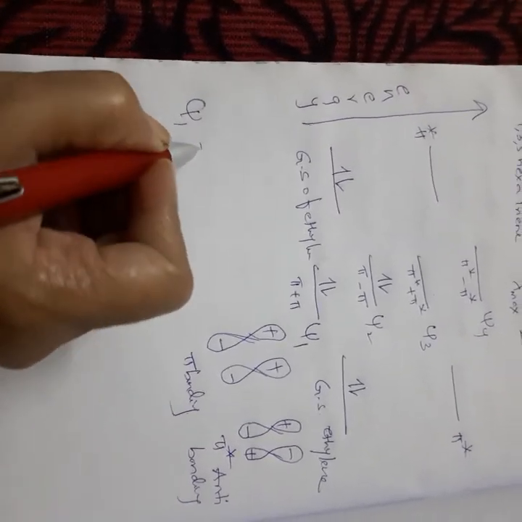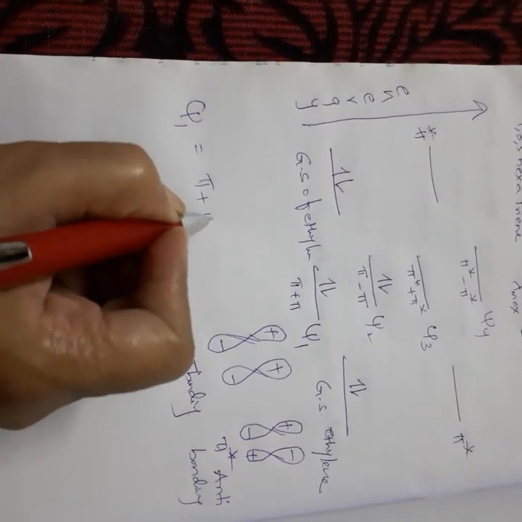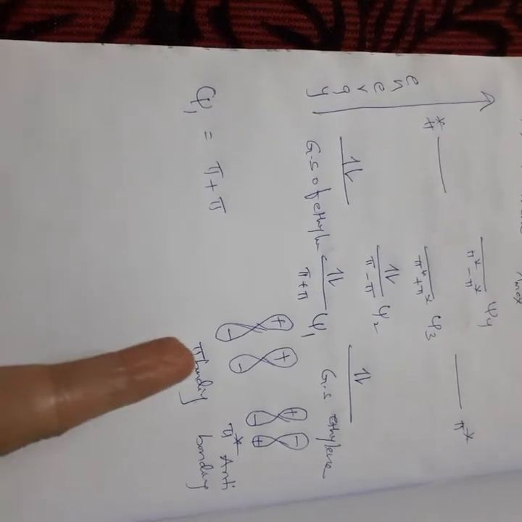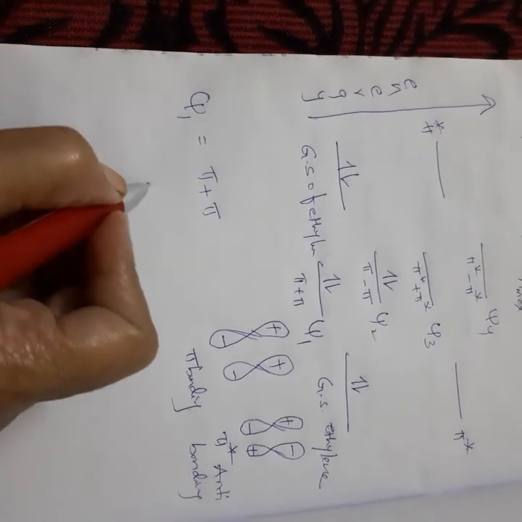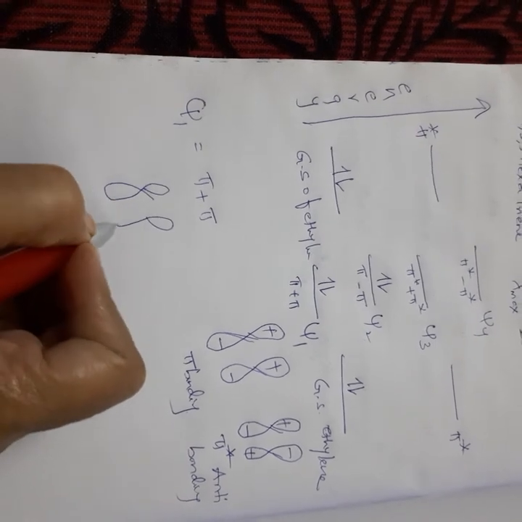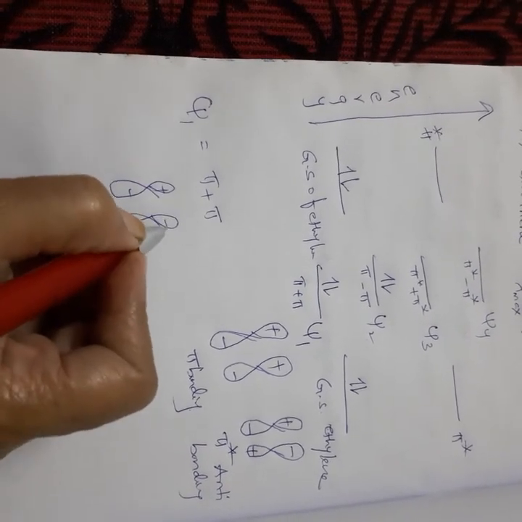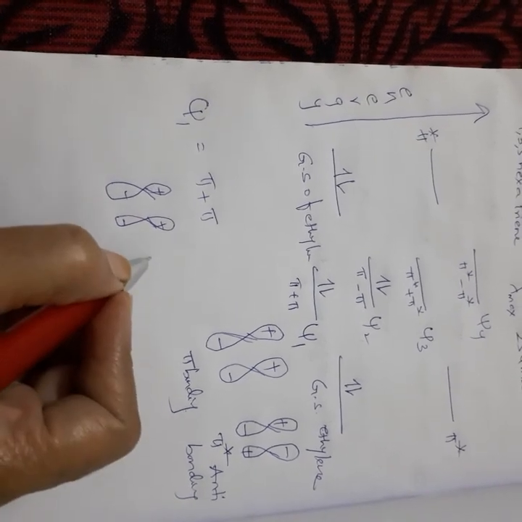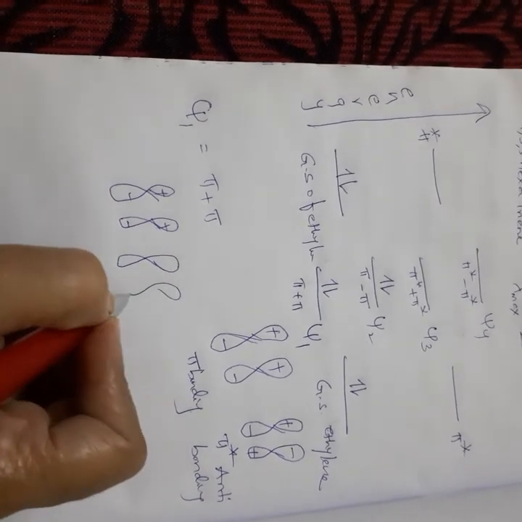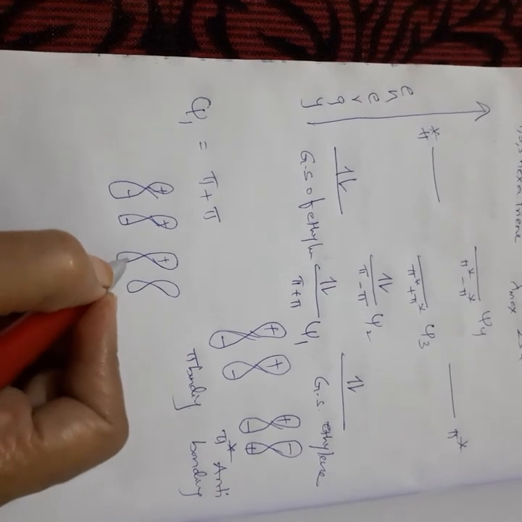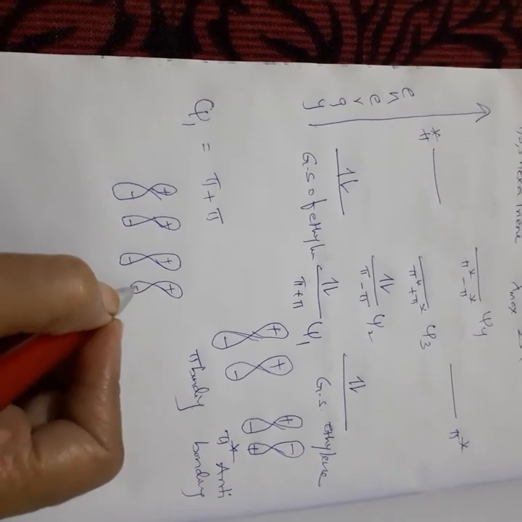How did we get psi 1? Psi 1 we obtained by the addition of pi with pi. What is this first pi? This is the first pi, that is plus, minus, plus, minus. What is the second pi? Plus, minus, plus, minus.